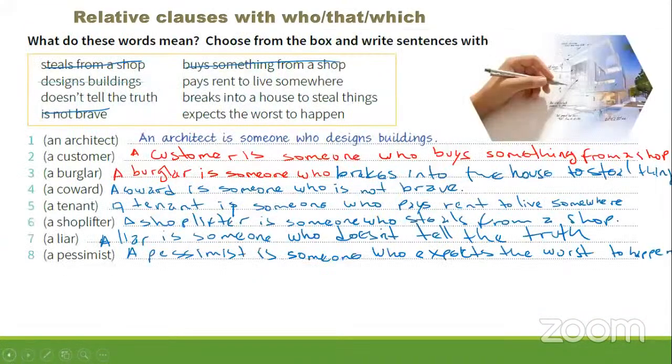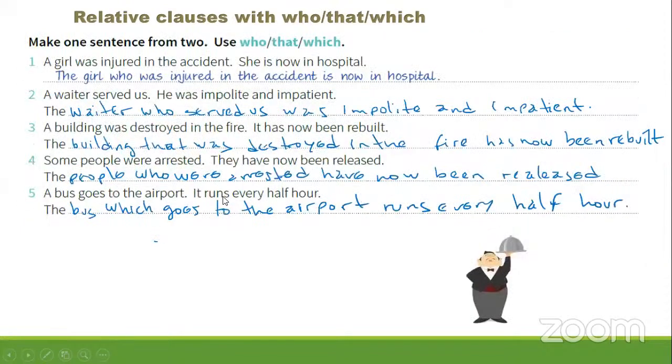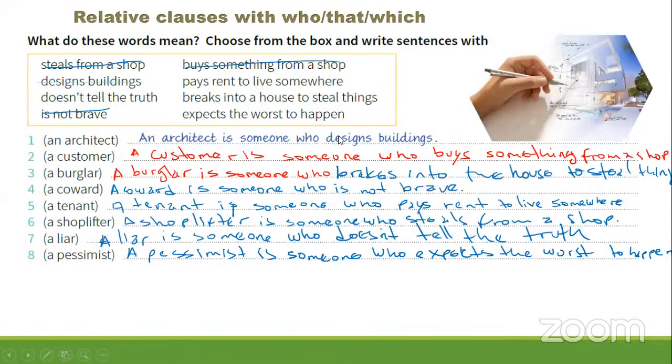For example, what do these words mean? Choose from the box and write sentences with these ones. For example, an architect is someone who designs buildings, right?